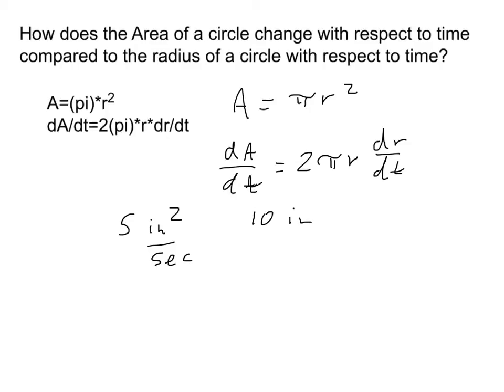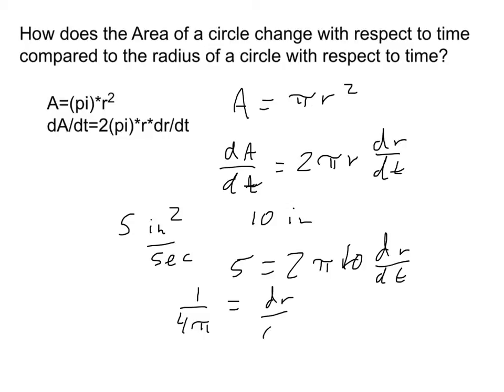You could just plug in and solve. It would be 5 equals 2 pi r, and r is 10. So that's 20 pi, and 5 over 20 pi is 1 over 4 pi equals dr over dt. So that would be in inches per second.